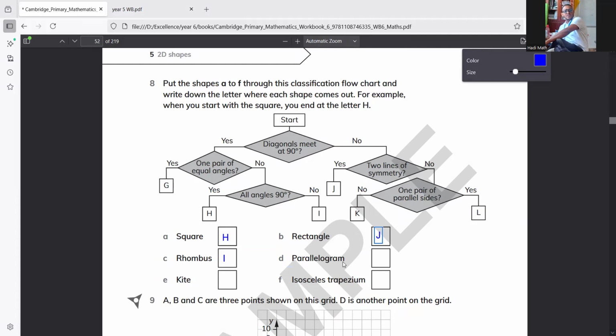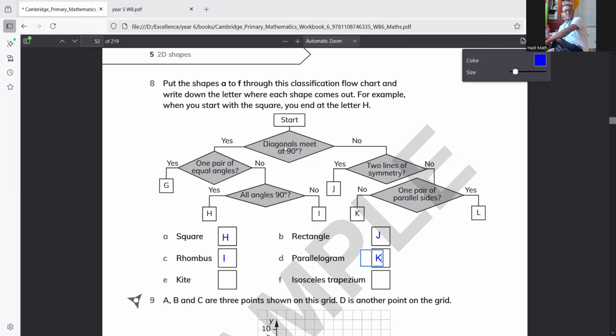Let's go to parallelogram. We start: the diagonals meet at 90 degrees, for the parallelogram, no. Two lines of symmetry? No. One pair of parallel sides? It's no. Then it's ending at K, because the parallelogram has two pairs of parallel sides. Let's go to the kite.